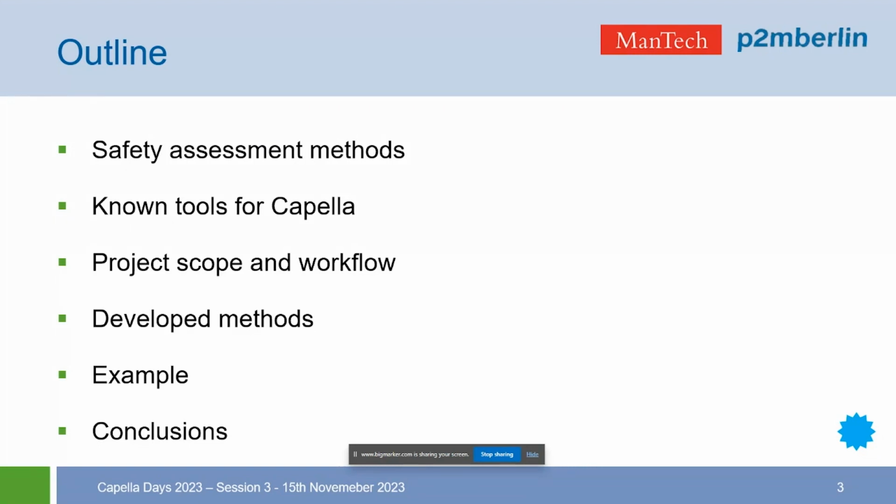And so that embarked upon our project, where we are then going to define the scope and the workflow for how we came about doing safety assessment analysis for this particular presentation, and the methods that we were looking to develop and mature as part of this holistic search for failure modes and effects prior to the completion of the design phase, and doing so in a more automated way.